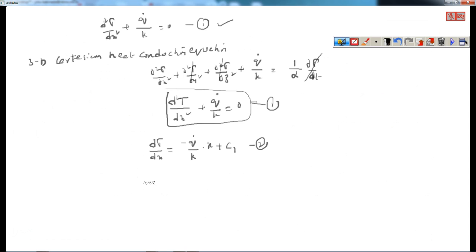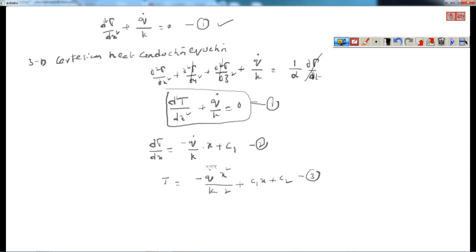Okay, and similarly if I integrate again, this equation 2, then it becomes T is equal to minus q dot x square by 2 into k plus c1 x plus c2. This is equation number 3.